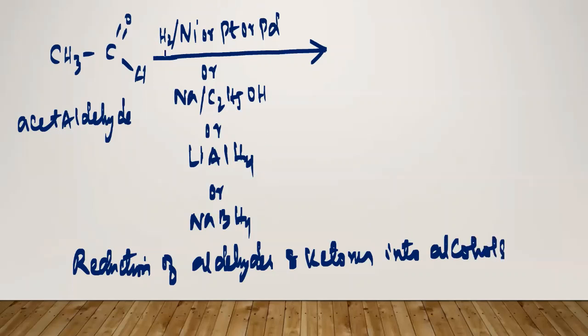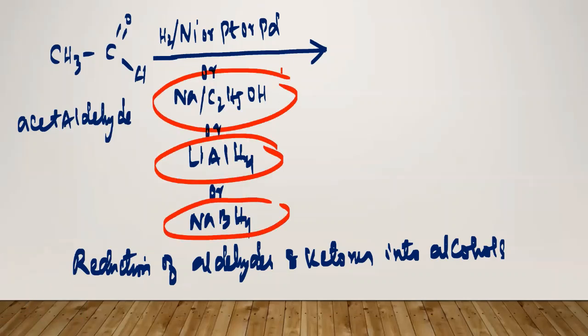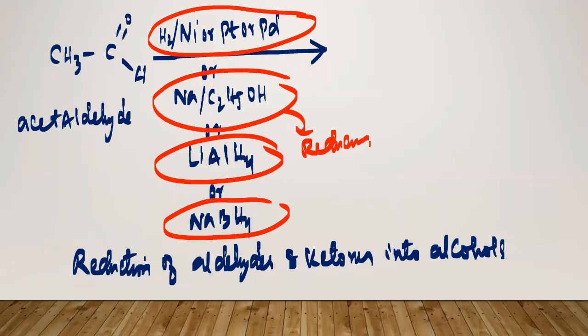They will provide you hydrogen. All these substances are a source of hydrogen, so they are your reducing agents. So when these reducing agents reduce the aldehyde, what's going to happen here?